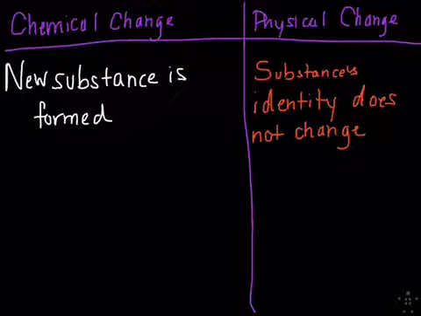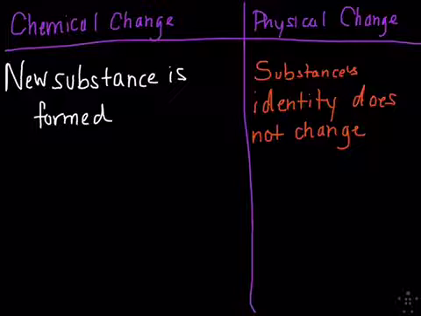If it's a chemical change, a new substance is formed. So in other words, the substance that you started with is gone. It's no longer there. You cannot get it back.